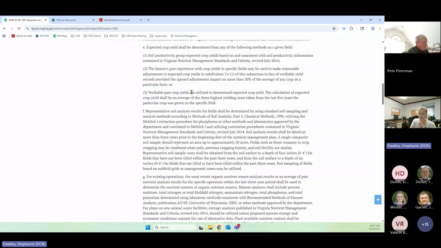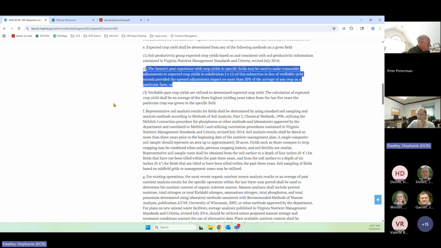So we can use values, and that's great for if it's a new field, if it's a new farmer, if they don't necessarily have any kind of records, not knowing what to go into this field. But we also have a caveat that the farmer's past experience with crop yields in a specific field may be used to make reasonable adjustments to expected yields.